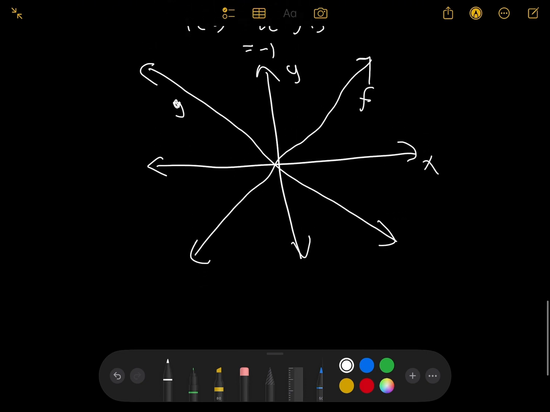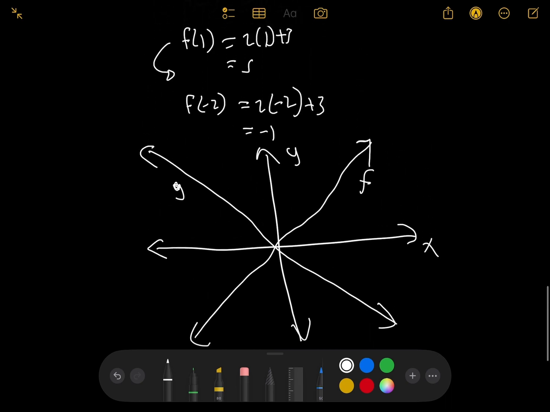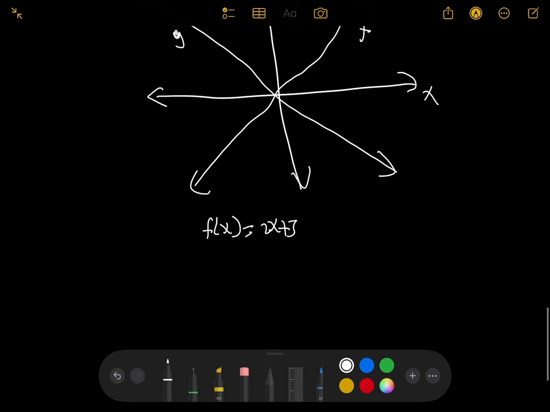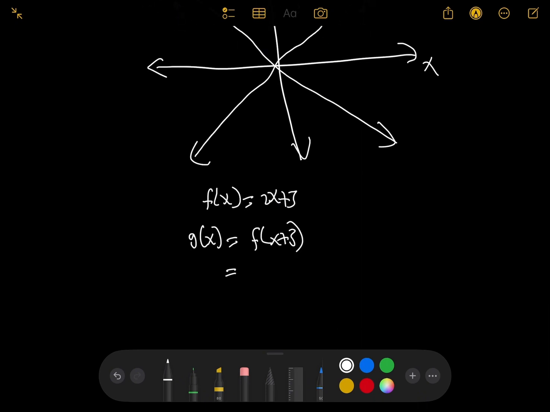Okay, so for example, if we had f of x being equal to 2x plus 3, and then we're told that the graph of g of x was equal to f of x plus 3. What will this graph mean? It means that instead of x, every time the x value changes, we add 3 on top.